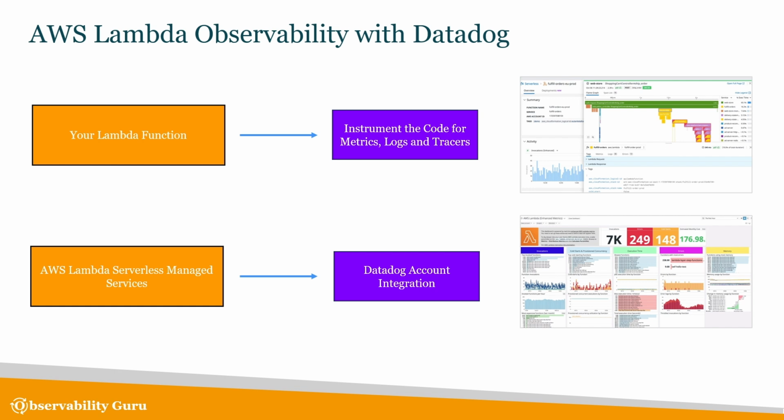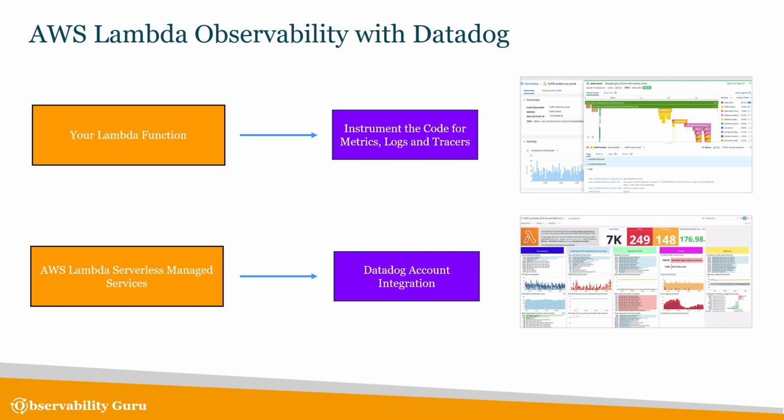You want to understand what that code is actually doing, the potential bottlenecks, the latency, errors, and in case of any issue, you should be able to go through and understand the flow, troubleshoot and identify the root cause. We pretty much call this process instrumenting AWS Lambda to enable observability.